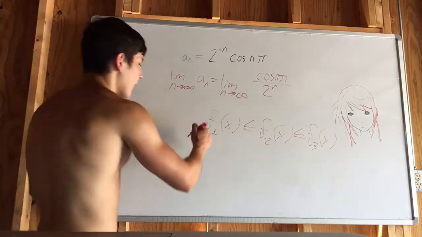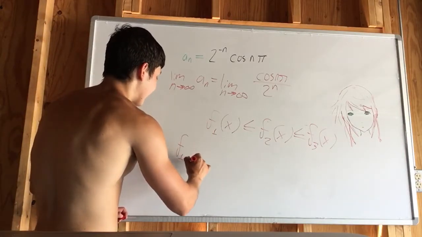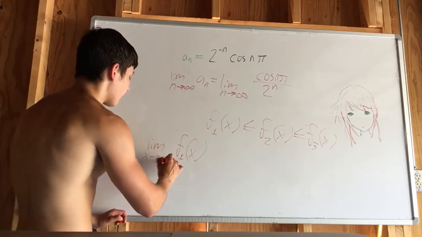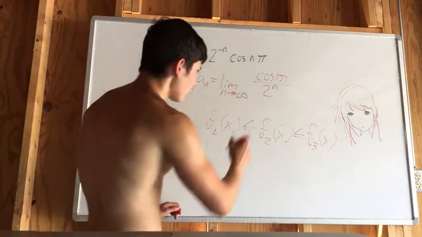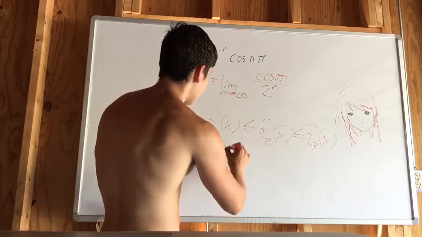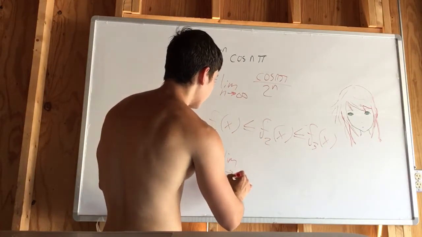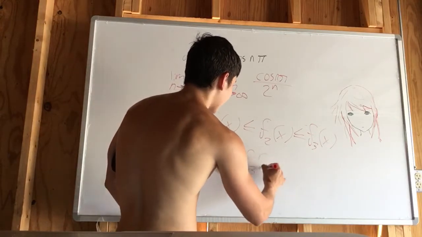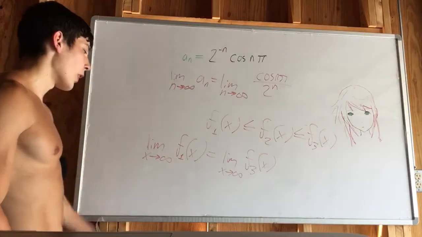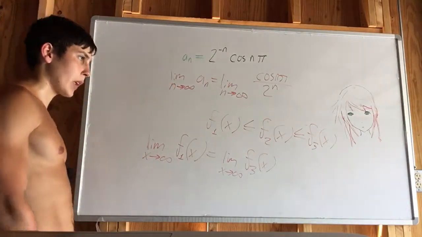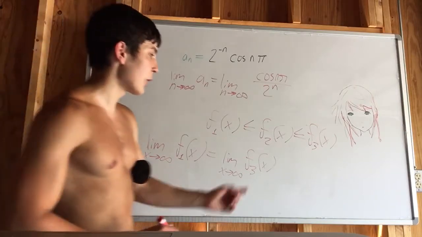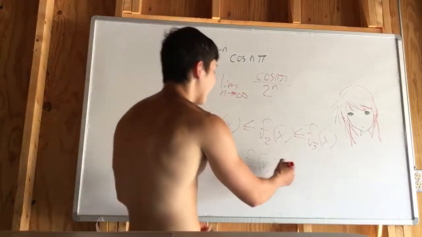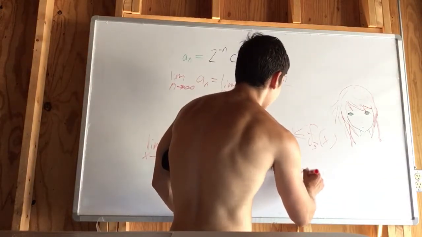So if f1 of x, with the limit as x approaches infinity, equals the limit as x approaches infinity of this third function, or as x approaches really any number, and the second one is sandwiched in between them, then the limit of the second one is also going to be equal.